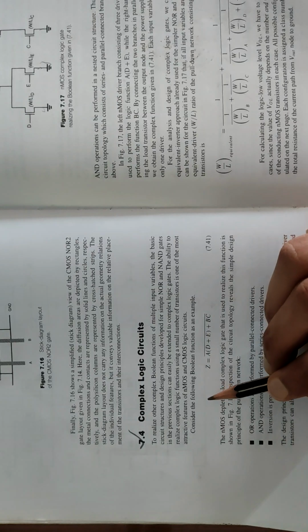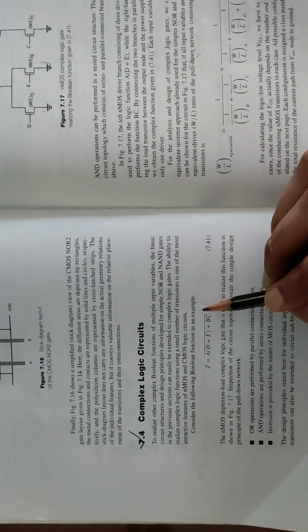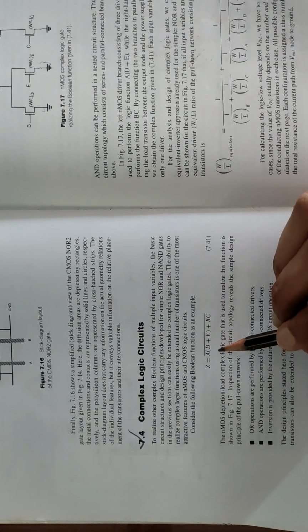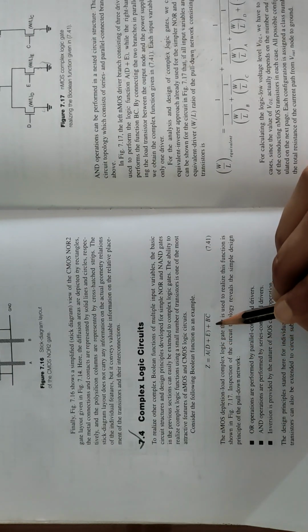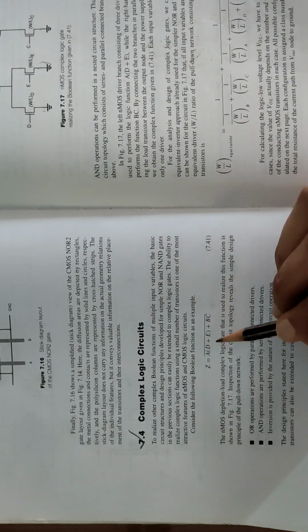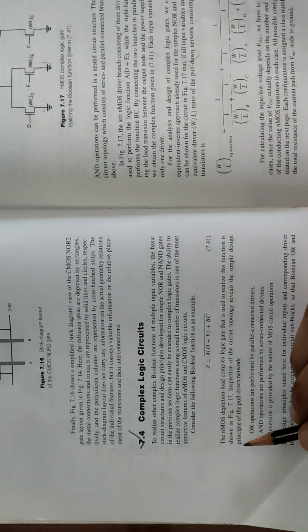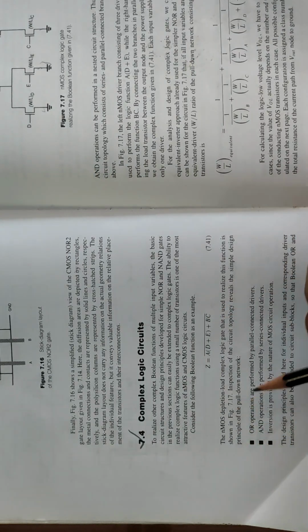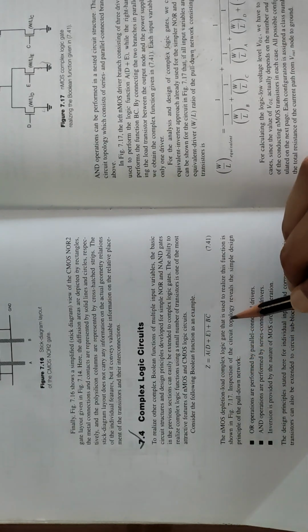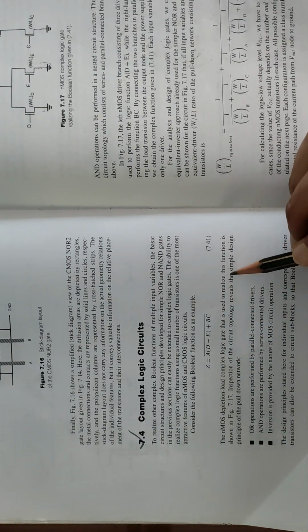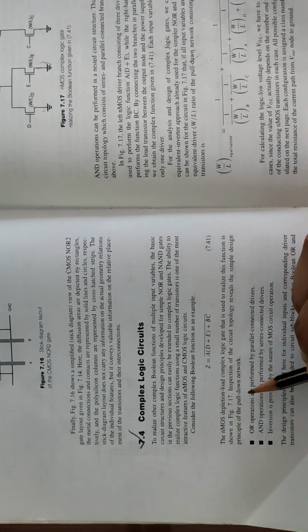Consider the following Boolean function as an example: z equals a into d plus e, plus bc bar. The NMOS depletion load complex logic gate that is used to realize this function is shown in the figure.